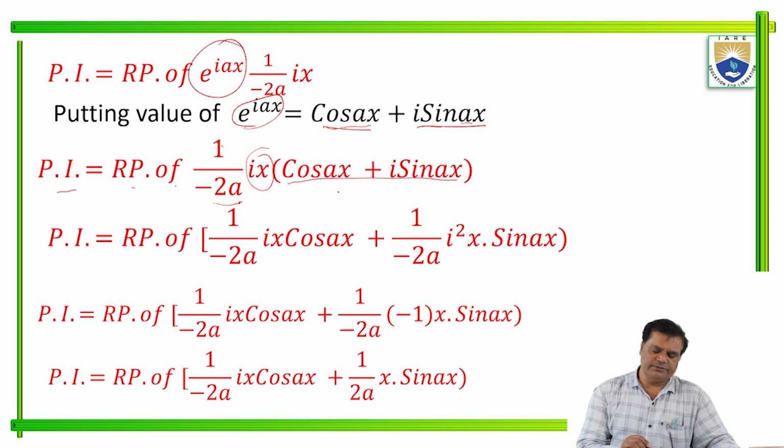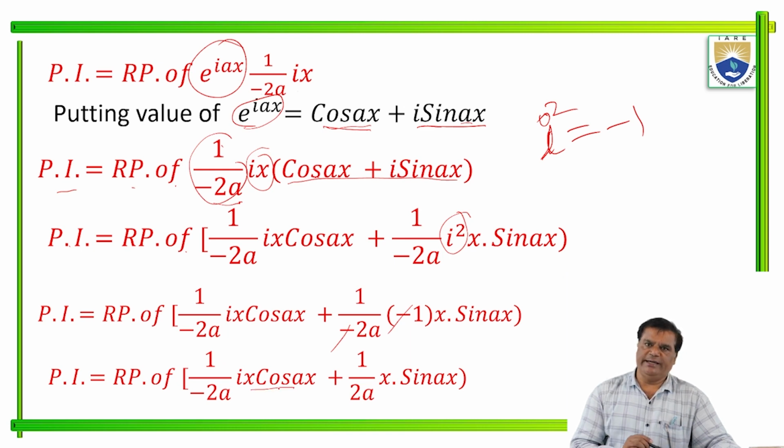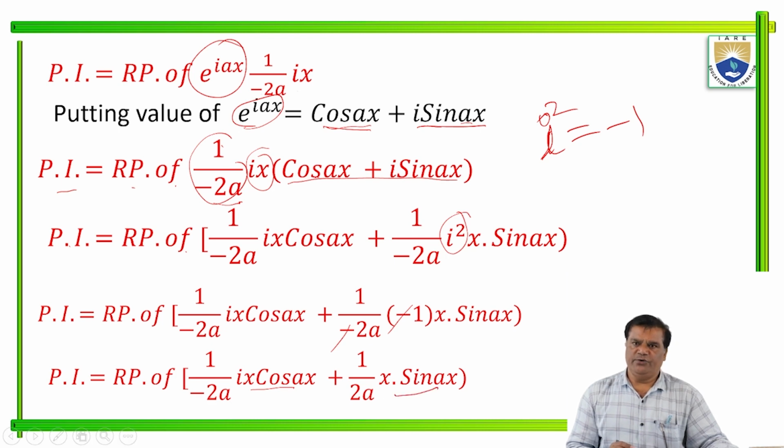So PI equals RP of minus 1 upon 2a into ix cos ax, and minus 1 upon 2a, here is i into i, this i also multiplied by ix, and i square x sin ax. i square is again minus 1, so this result is plus, and minus 1 plus this cancels. So the particular integral is RP of 1 upon minus 2a ix cos ax and plus 1 upon 2a x sin ax.